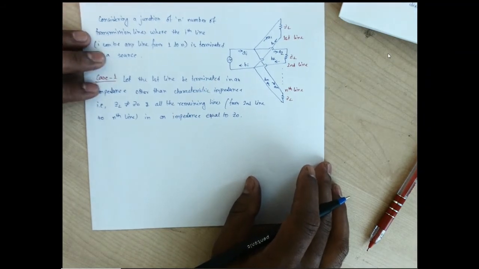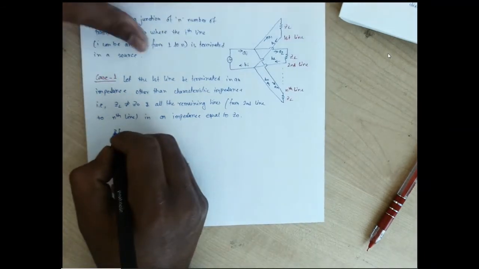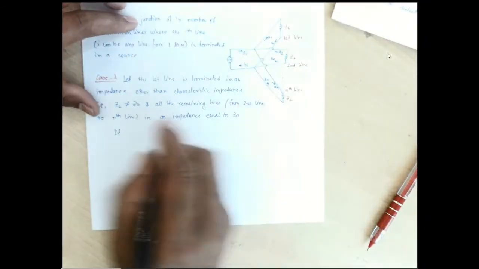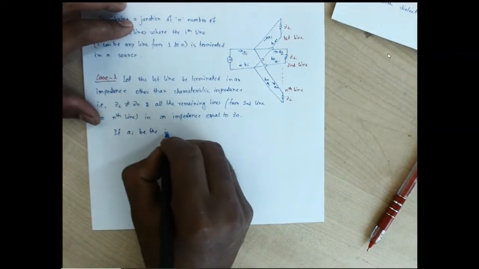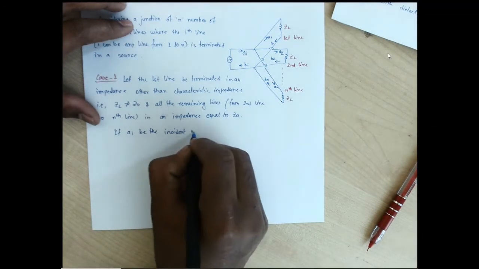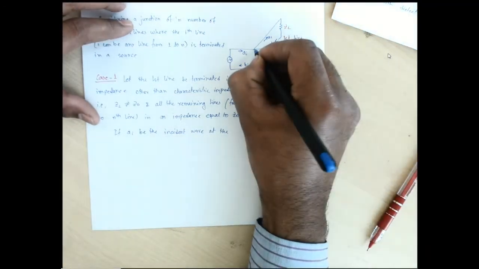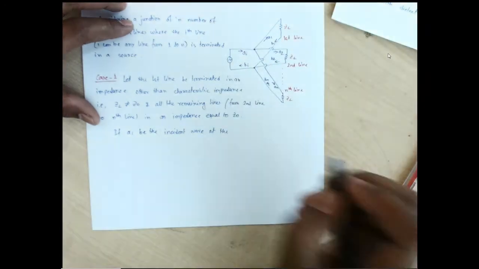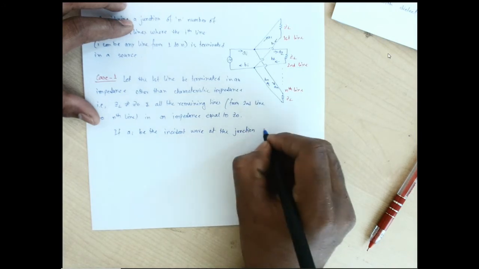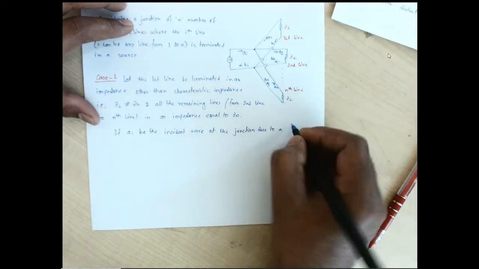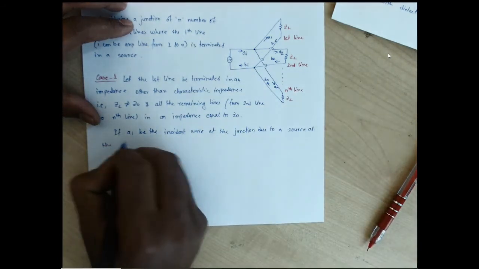Now let Ai be the incident wave at the junction. So where is the junction? This is the junction. The incident wave at the junction is due to a source at the ith line.